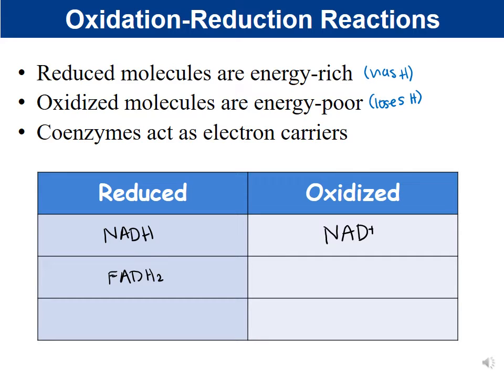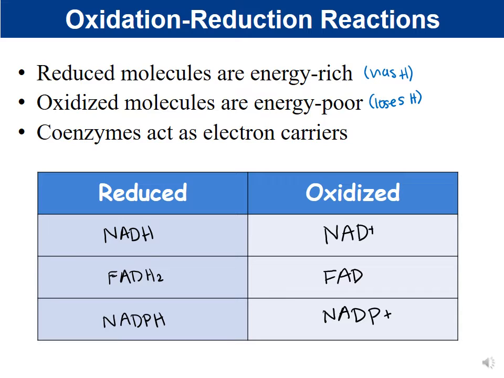And the oxidized form is FAD. NADH and FADH2 are both used in cellular respiration. And then we have NADPH, and the oxidized form is going to be NADP plus when it's oxidized, when it lost its electron.